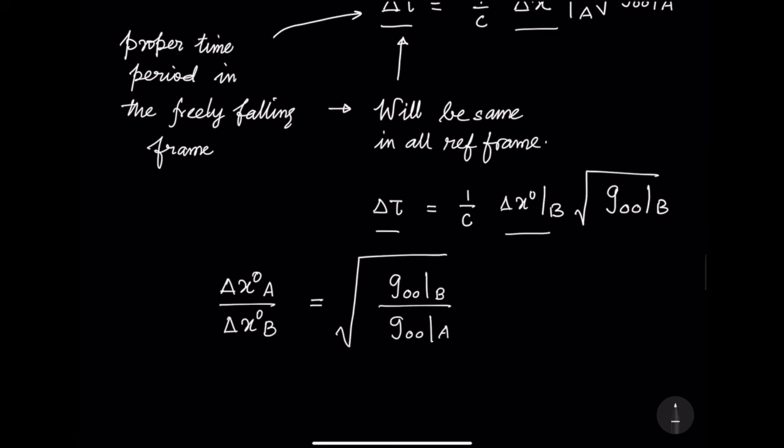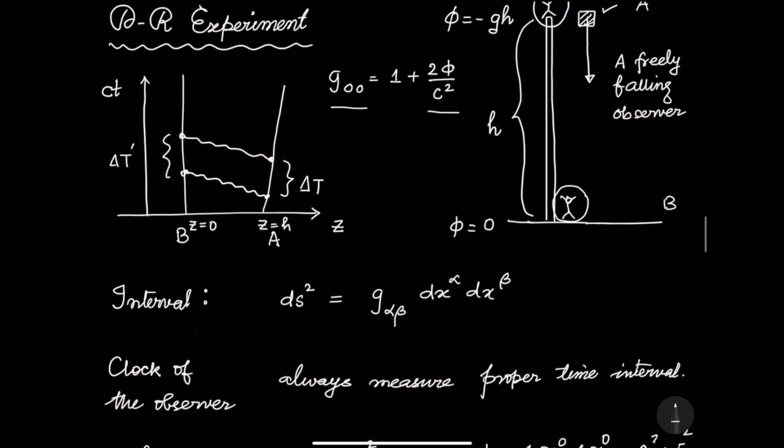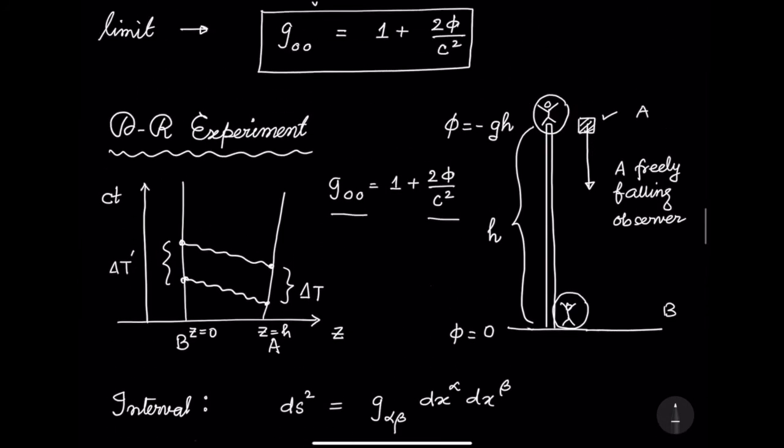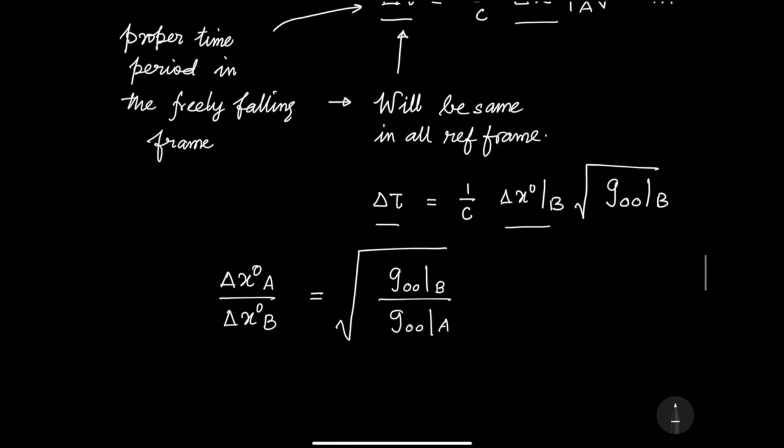Now what is delta x0? Delta x0 by c is the time difference, which is the time period measured by the person at A or the person at B fixed to the tower. These people measure this time difference.